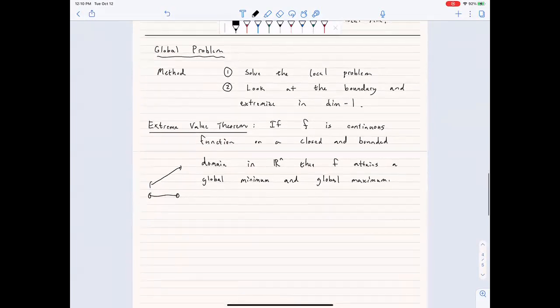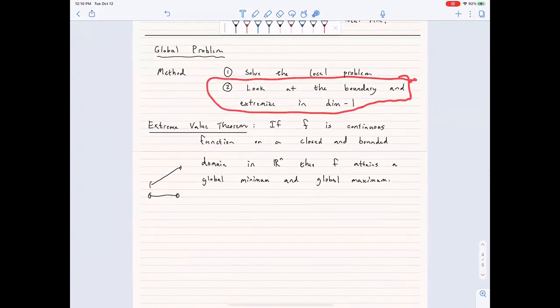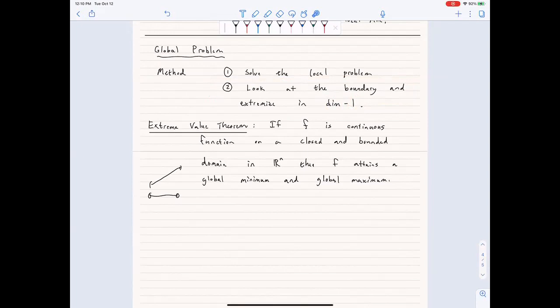However, in higher dimensions, this part 2 becomes slightly trickier. Because in dimension 1, 1 minus 1 is 0. So if we want to extremize on a 0-dimensional space, we just put those points into our function and we see how big they are. But in dimension 2, we have some domain.